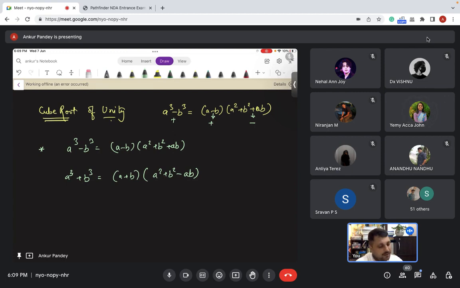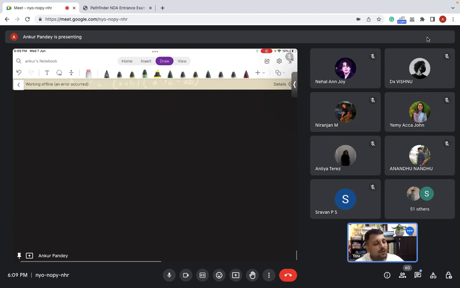Now, why am I asking? I'll tell you. Suppose you have to find the cube root of unity, meaning 1. As we are in the chapter on complex numbers, we will be expecting something complex, right? We won't say the cube root of 1 will be 1, as it would become very obvious. Hence, we are going for something complicated.